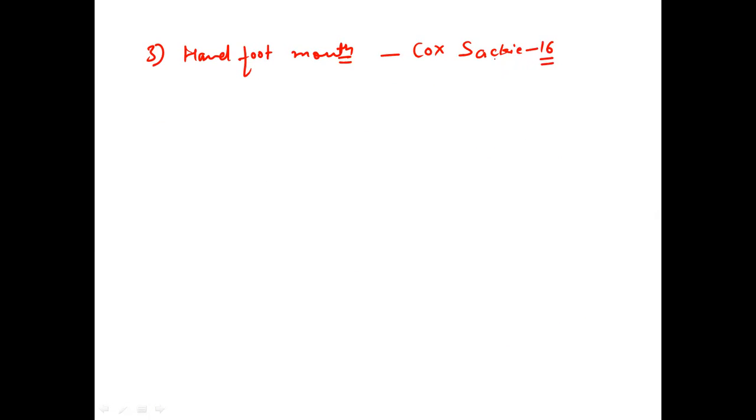Just remember Coxsackie A16, right? There is Coxsackie A10 and there is Coxsackie A16. So just remember, hand, foot, mouth disease is caused by Coxsackie A16. Again, you will get a direct question.